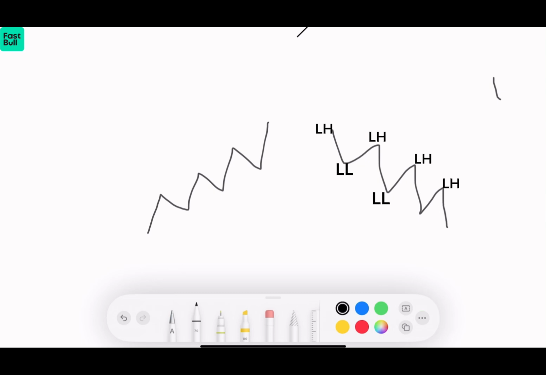This is usually denoted in HH for higher highs and HL for higher lows, LH for lower highs, and LL for lower lows. So this is simply market structure.